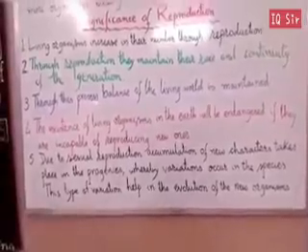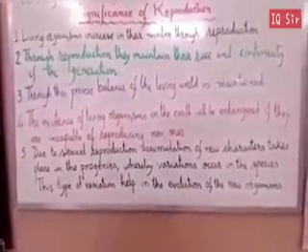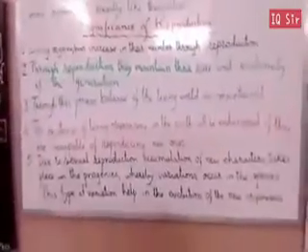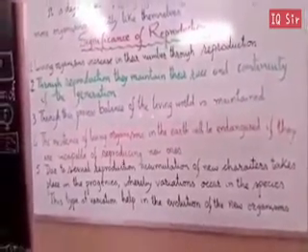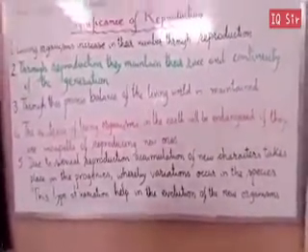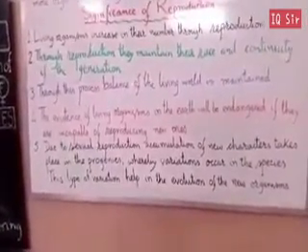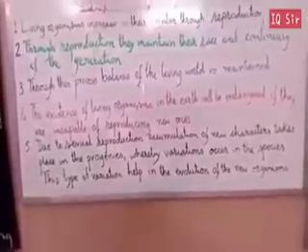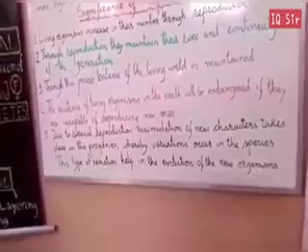The third point is, through this process the balance of the living world is maintained. All the organisms in the living world have some importance. So there is a balance between the living organisms, producers and consumers. If any living organism is unable to reproduce, the balance is disturbed.